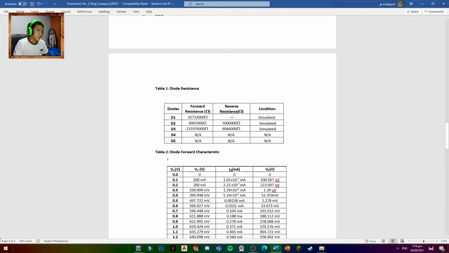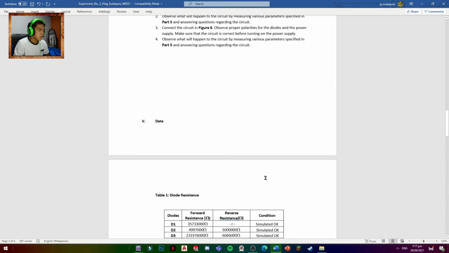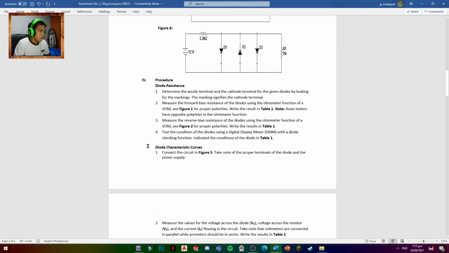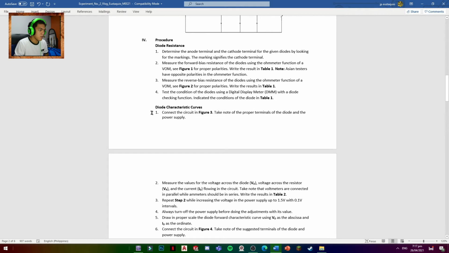Since we located the values from the multi-simulator software, the condition is simulated and okay. That's for the diode resistance procedure. So let's go to the diode characteristics curves.